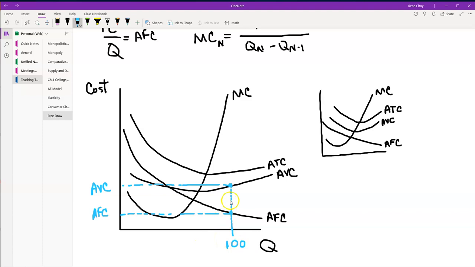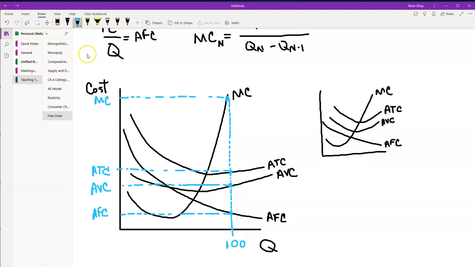If I want to figure out what my cost per pizza is, I come over here to my average total cost, and the number that you have over here is my cost per pizza, or my cost per unit. And if you continue to go up here and you touch marginal cost, then you will get your marginal cost, or your change in cost, at 100.